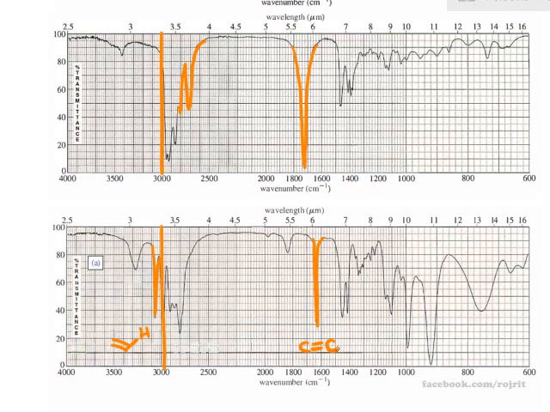You then check whether this is a simple alkene or an aromatic. There is nothing around 1600 to 800, no bumps, and you have only one absorption of C=C. So there is no aromatic in the system, and this is an alkene.